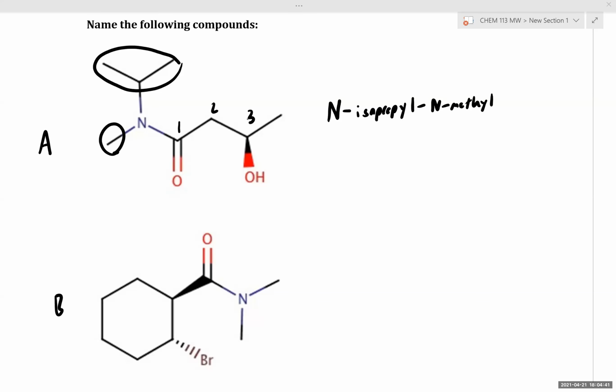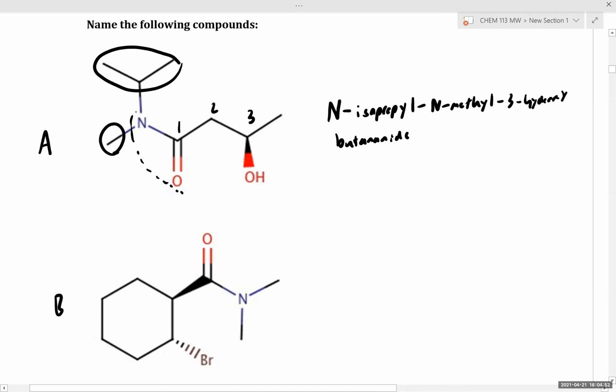The chat's moving a little quickly. 3-hydroxy butanamide. The oxo prefix isn't necessary because this carbonyl is part of your amide. We have one student noting 3R. This configuration is a stereocenter, so we need to note the R or S configuration.